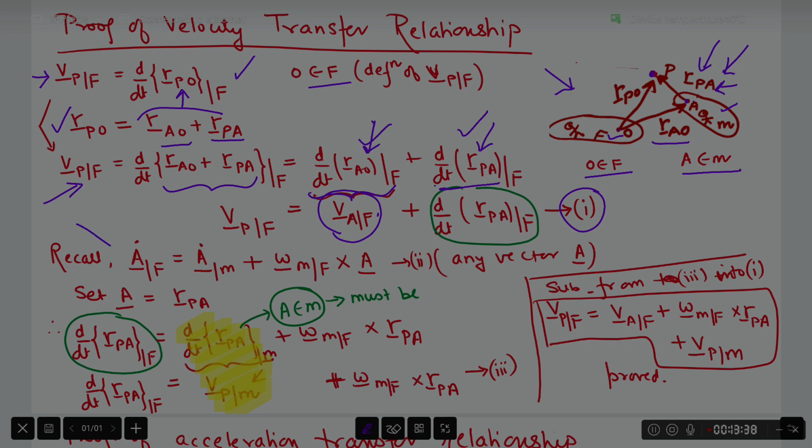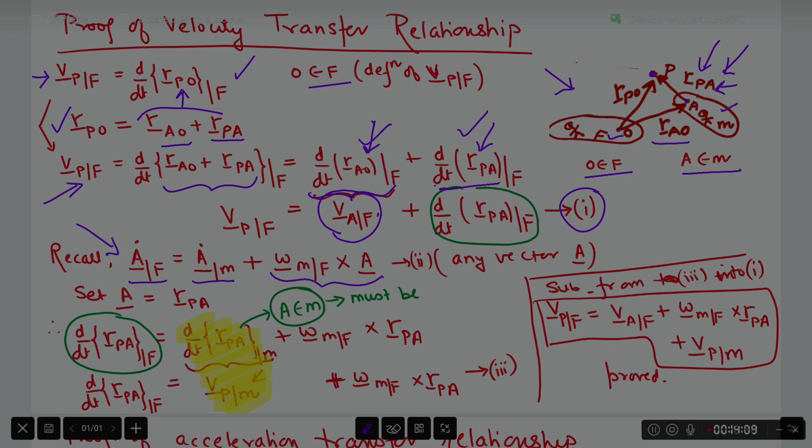At this point, I would like to recall the useful relationship relating the rate of change of any vector with respect to F and with respect to M, with this extra term. In the last class, we used this equation to find a relationship between the angular velocities of three different reference frames.